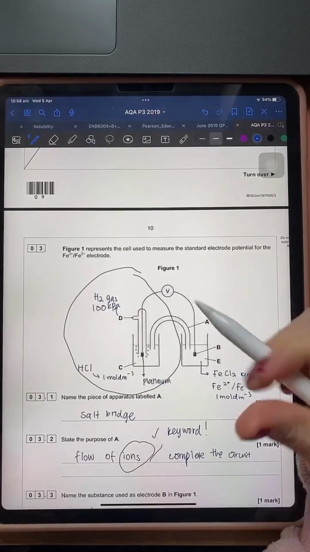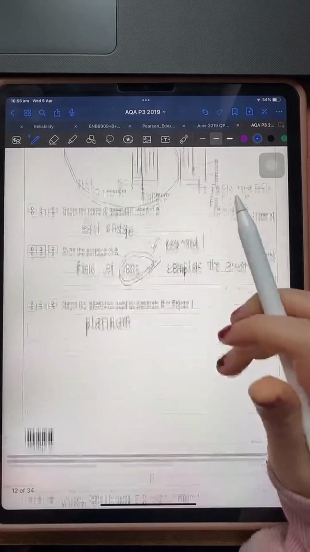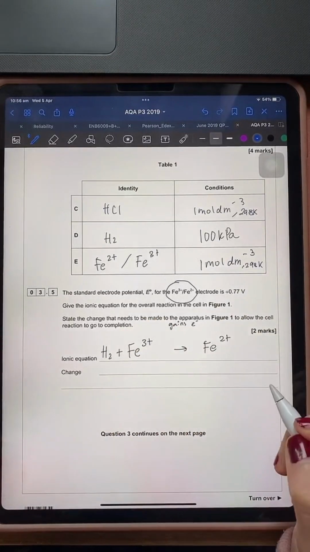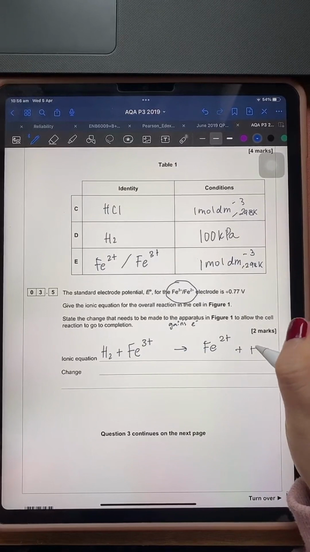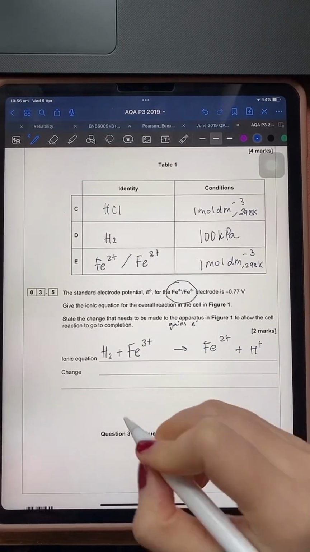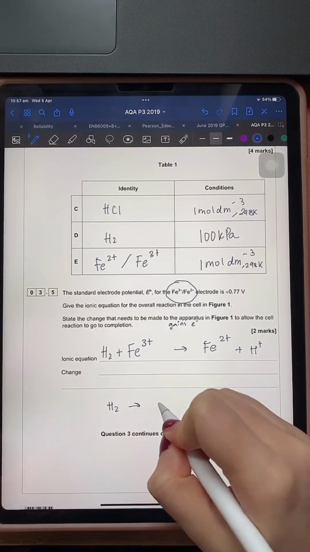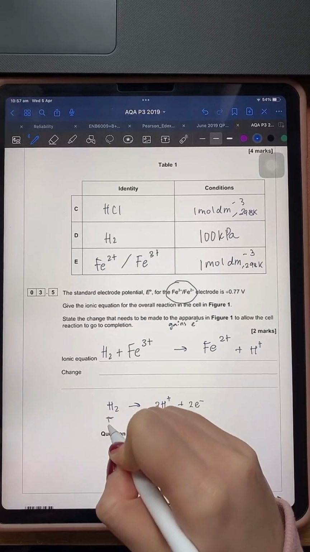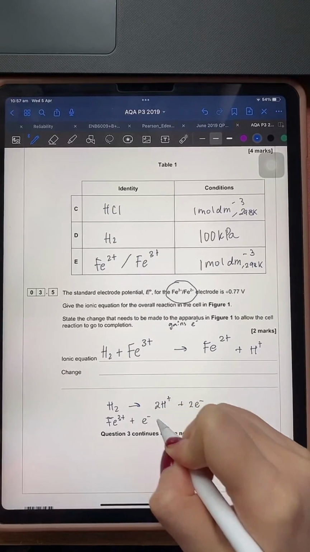And it comes in as hydrogen gas. So the hydrogen will be in the molecule form here, giving the electrons to form H+. So I'm going to put that at the bottom here to make the equation. So we have hydrogen to give you 2H+ + 2e-. And the iron gains the electrons to give you Fe2+.